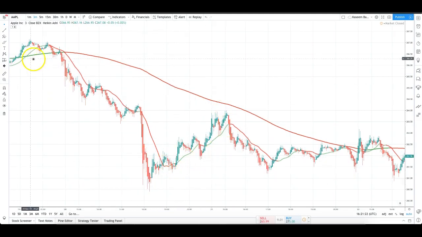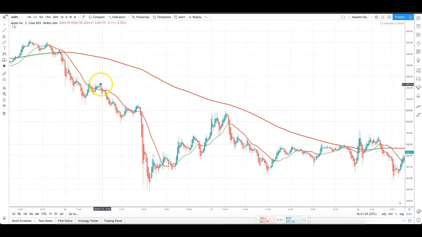Let's say, for example, you want to enter on this day. What I would do is wait a little bit to see what price does. If you enter at any of these points, it's still a little bit risky because price can change. It can just keep on going up, break this, and shoot up. But when the market opens, I don't enter right away.